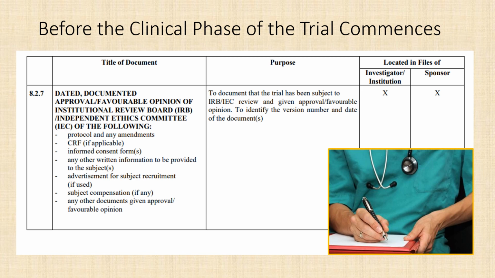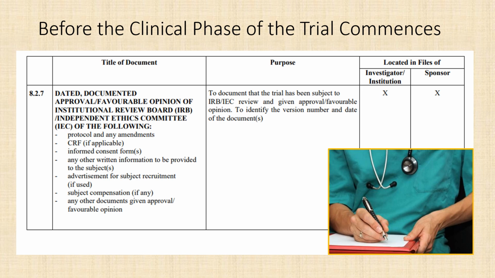Before the clinical phase of the clinical trial commences, there should be documented approval and favorable opinion of the IRB or IEC, along with any amendments in the protocol, CRF, informed consent, any other written information that needs to be provided to the subjects, and advertisement for subject recruitment if used, because they should not be coerced.